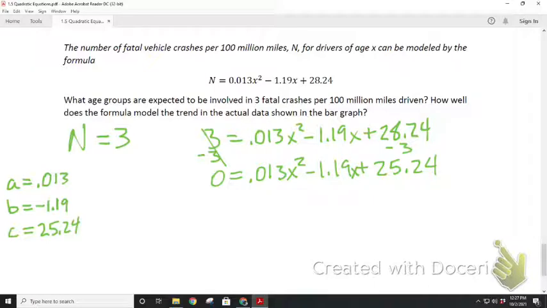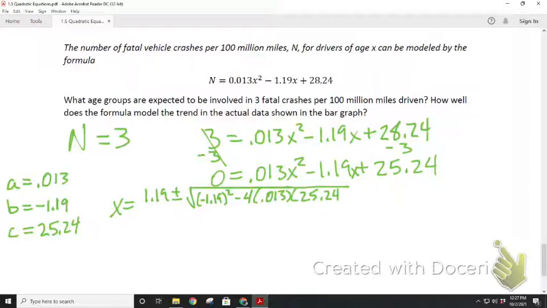So let's plug it into this monster here. Opposite of B, so I get a positive 1.19 plus or minus the square root of negative 1.19 squared minus 4 times A times C. This step right here is where I see the most mistakes, especially when you have decimals.